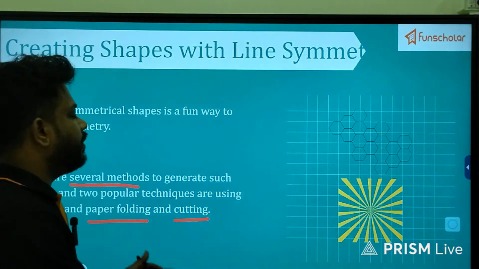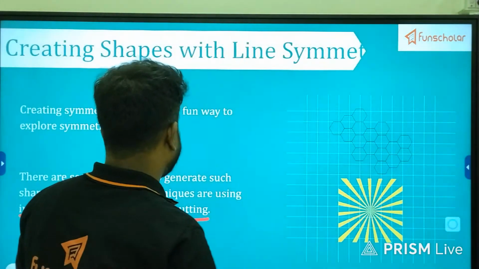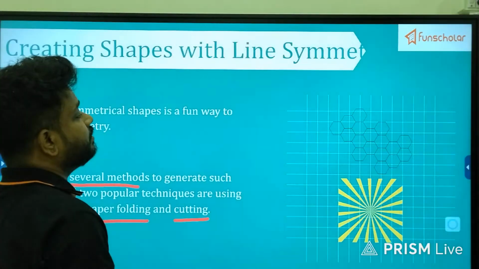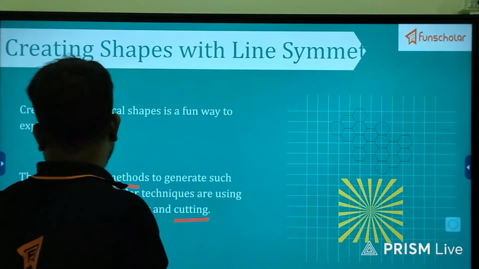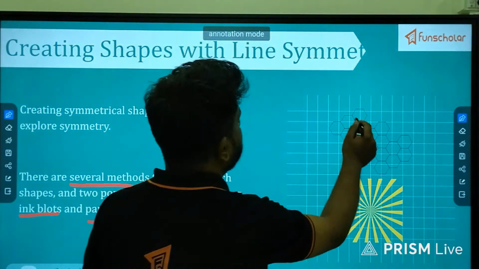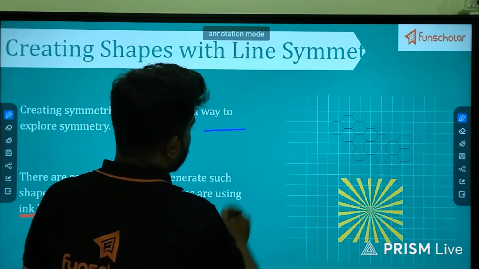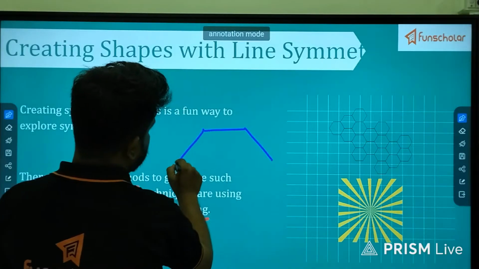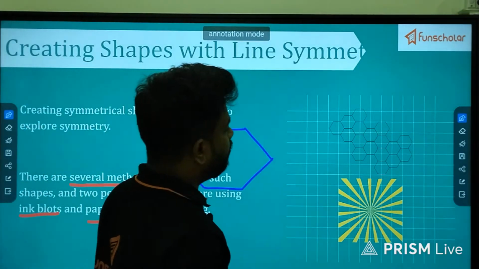Okay, and they have described the ink blotting test or the graphical test where we will have the symmetrical figure. Like they have plotted this figure in this graph, and you can see that they have drawn so many, 1, 2, 3, 4, 5, 6 hexagons. Okay, talking about hexagons, yes, it will look like this, and they have drawn so many here.